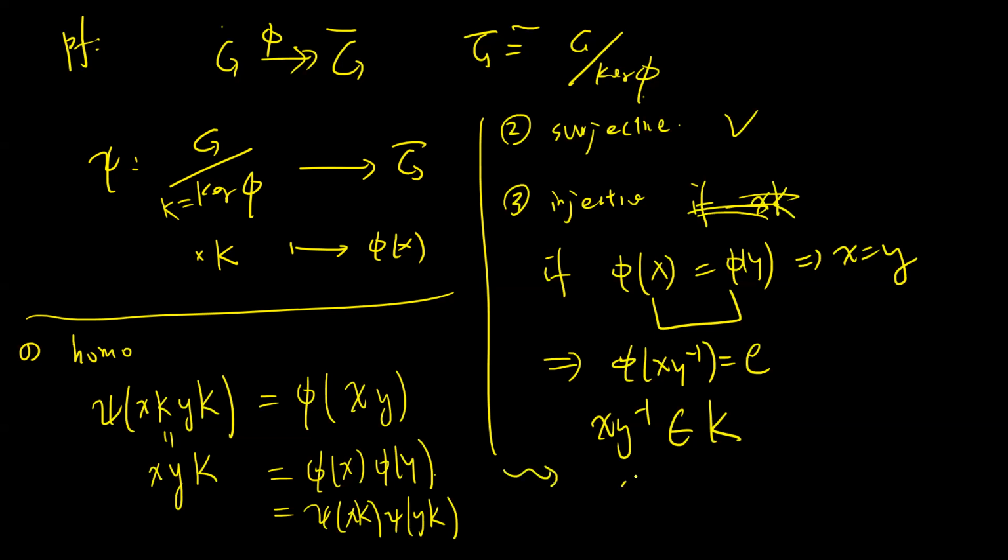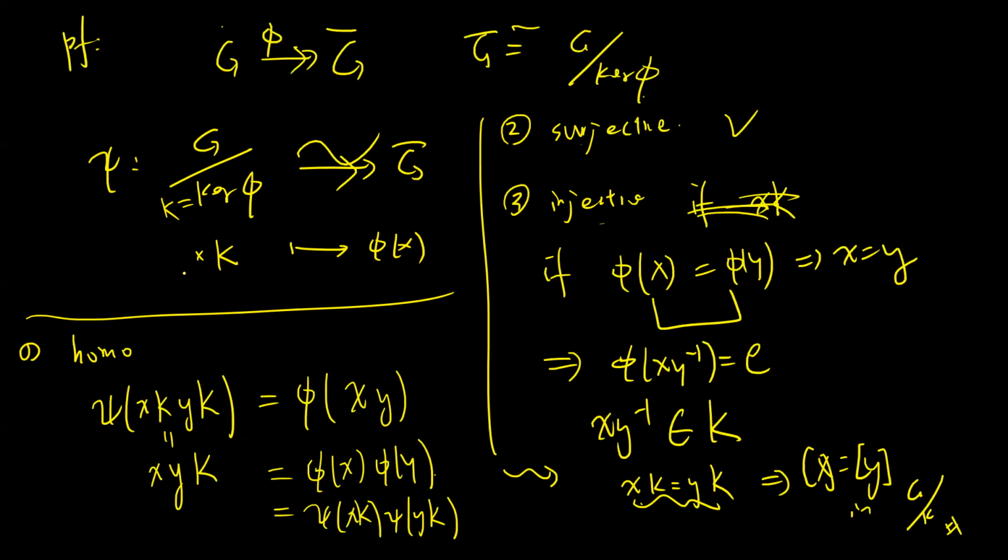But this shows that xK equals yK, so x equals y in G quotient K. So we proved it's injective, a homomorphism, and surjective, so this map is an isomorphism. There is a subtlety that you should first prove that this is well defined. I leave it as an exercise for you; it should be trivial.